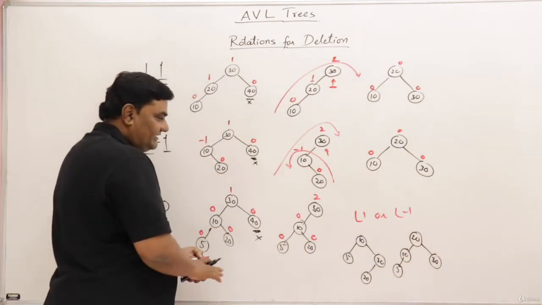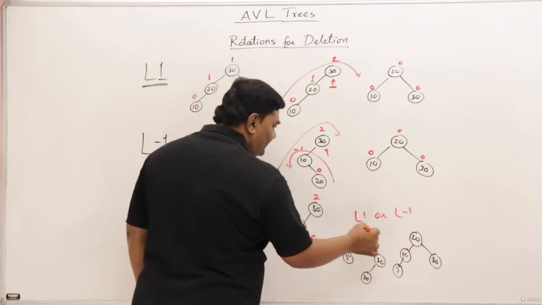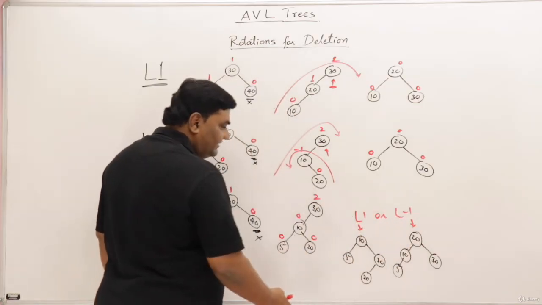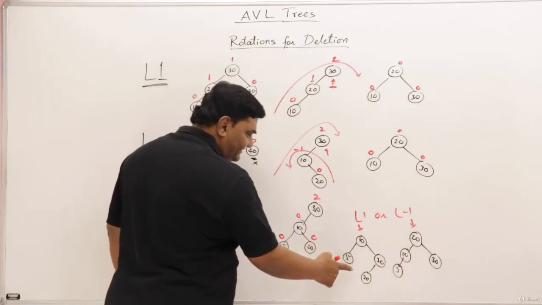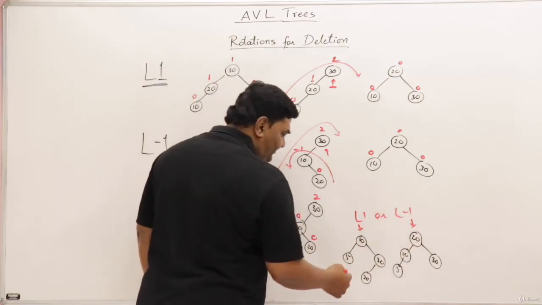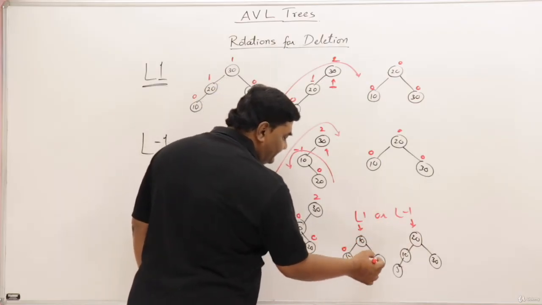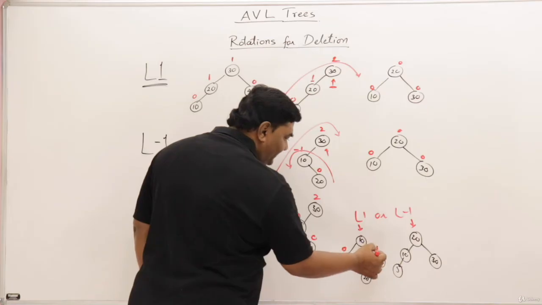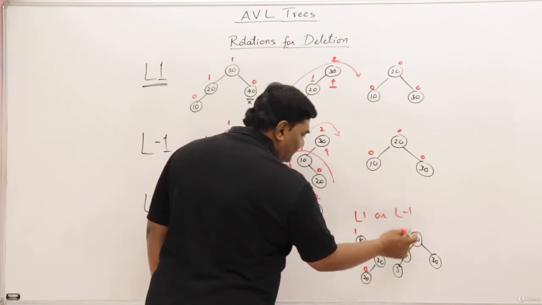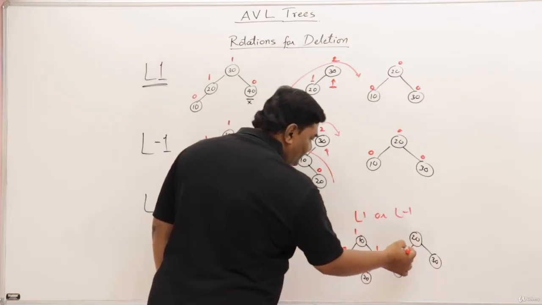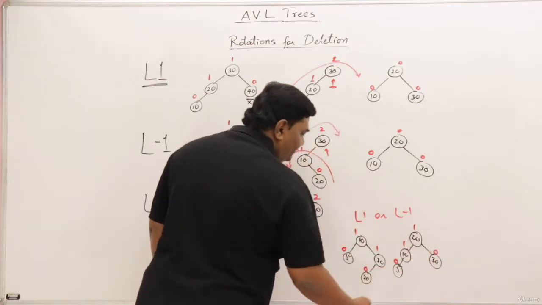Any one of these. This is based on L1 rotation, this is L minus 1 rotation. This is single rotation and this is double rotation. If I check the balance factors, 0, 0, and this is 1 and this is 1. And the balance factors here are 0, 1, 0, and this is also 1.